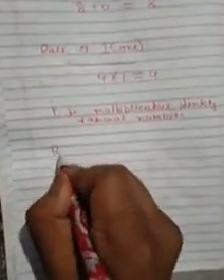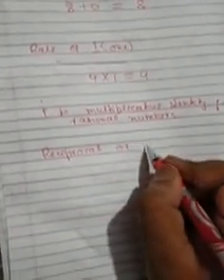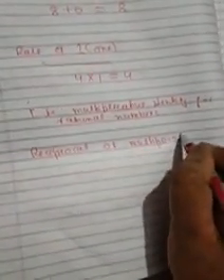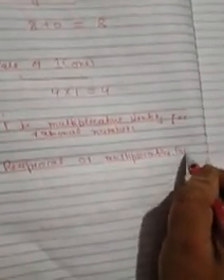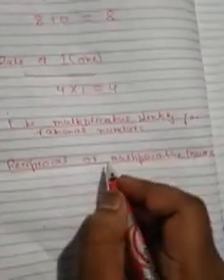Now, next point, reciprocal or multiplicative inverse. If a/b is any rational number, then by which number would you multiply a/b to get the product 1?